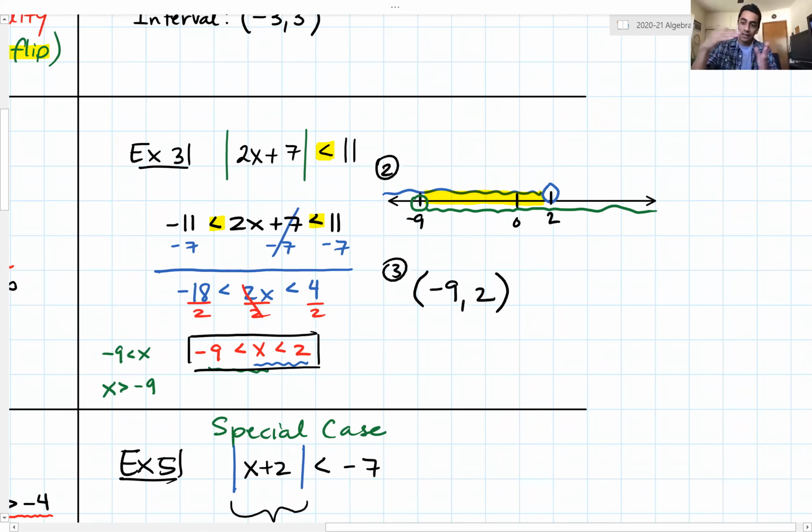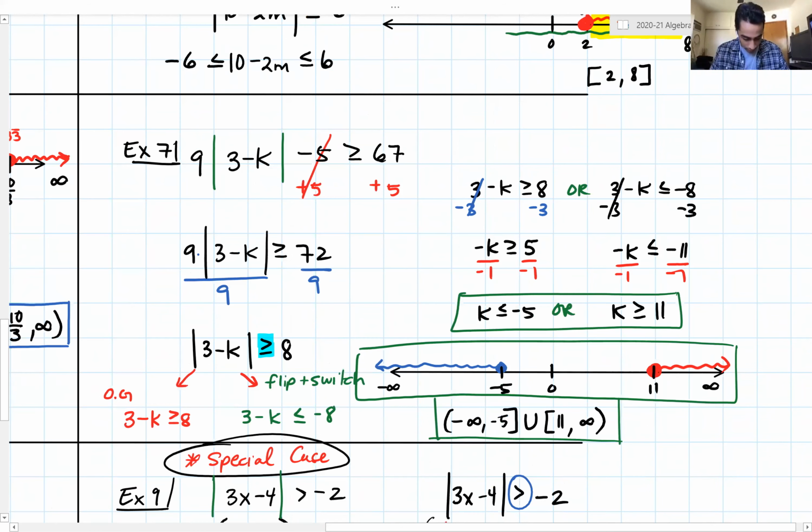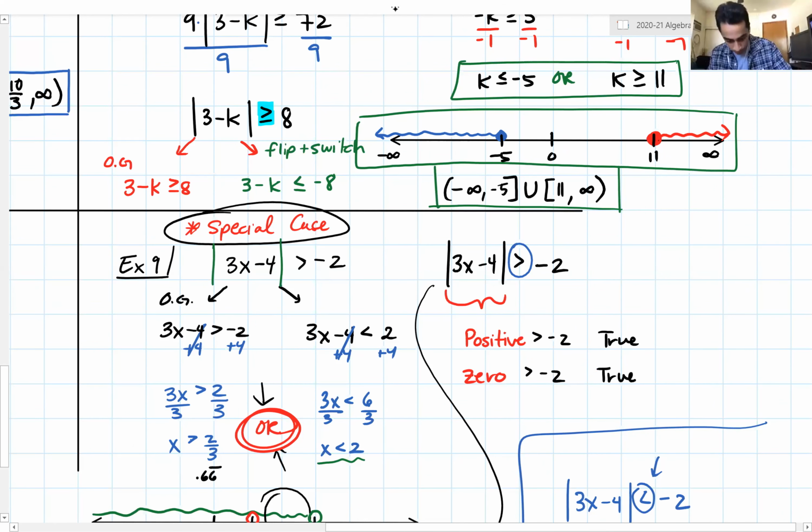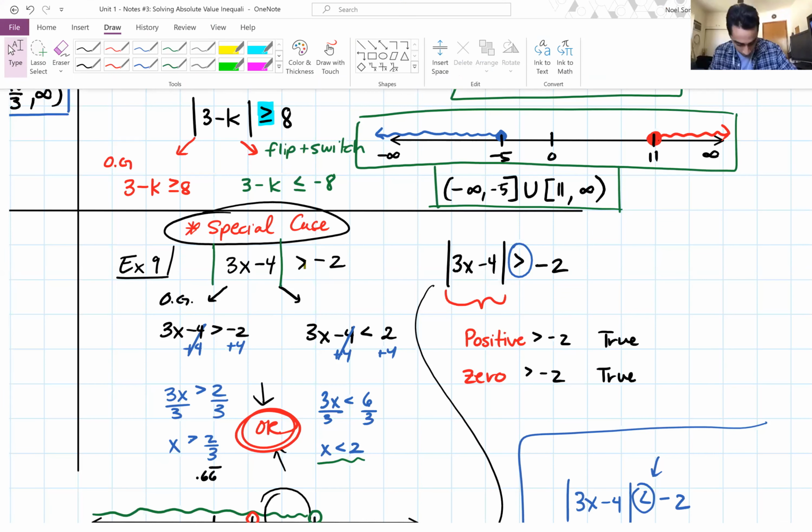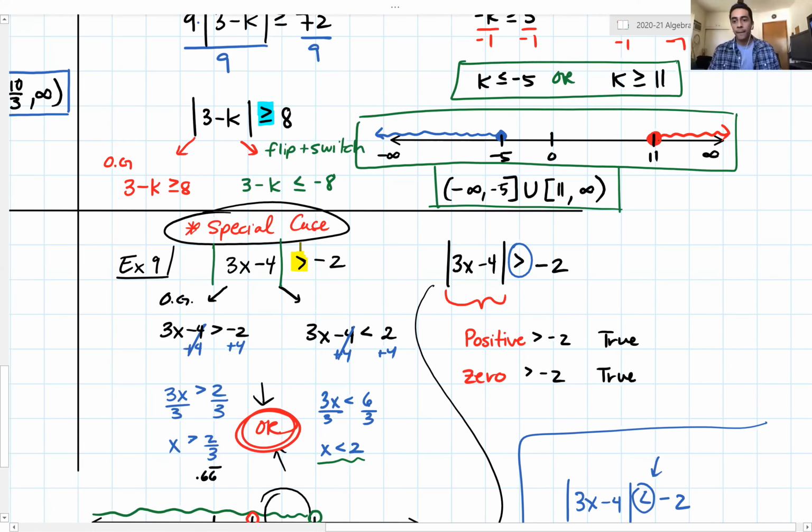If the inequality points to the absolute value, you make a sandwich because that's an and inequality where you look for the overlap. But on example number 9, the inequality is pointing away from the absolute value, which makes it automatically the or inequality. So if you solved it by sandwiching, you did the wrong step there. You created an and inequality when it should have been an or inequality.